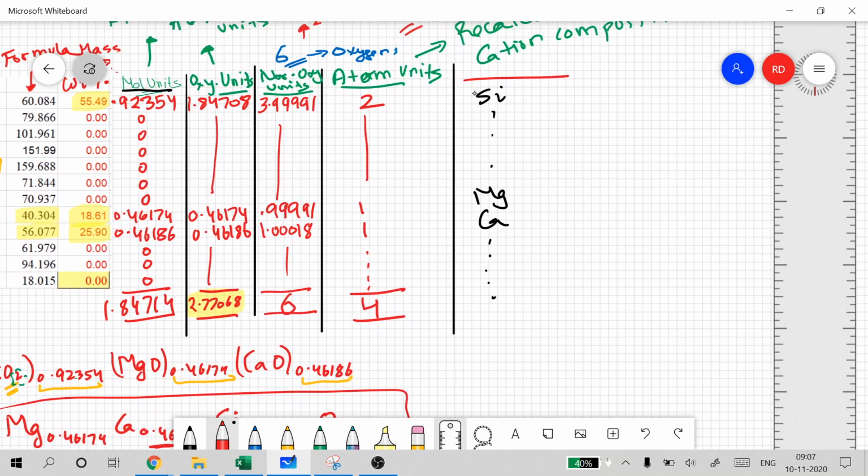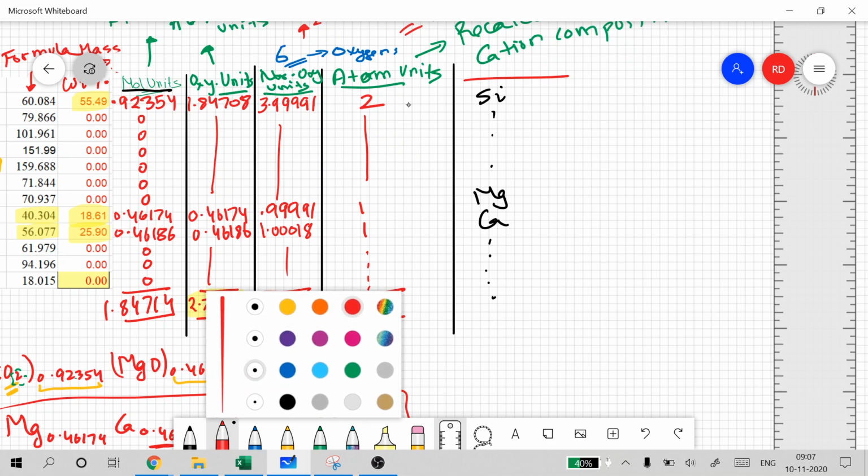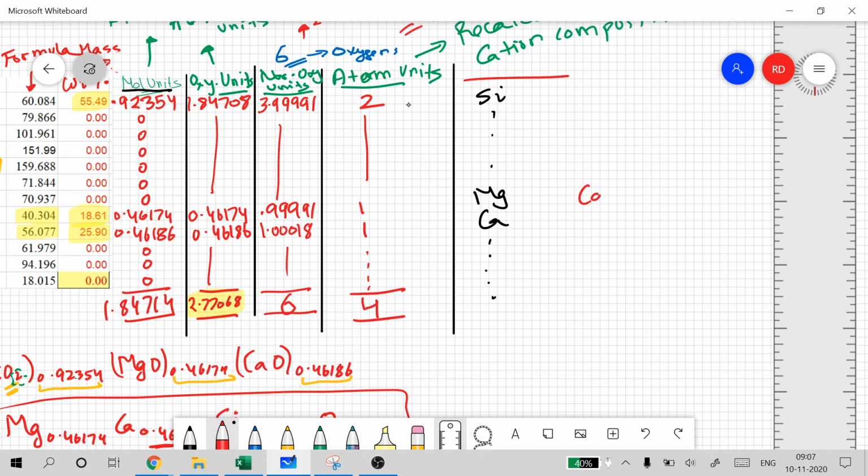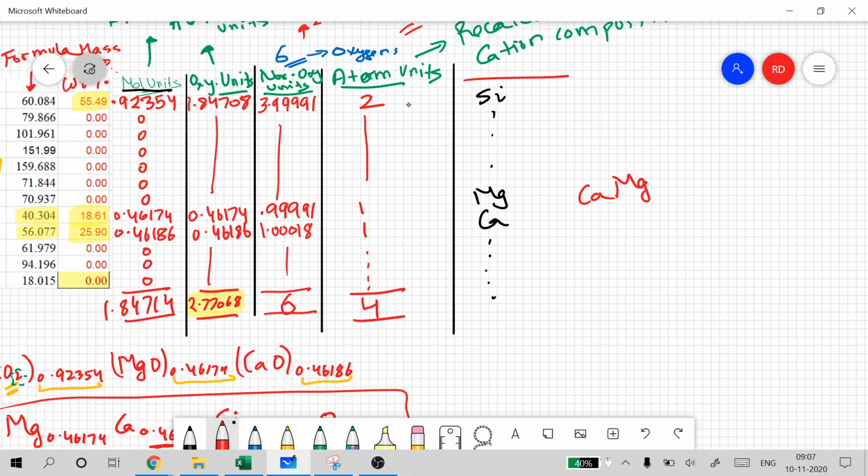Now you can see very easily what your formula should look like. First of all, Ca is 1, Mg is 1. How many Si are there? 2. How many oxygens are there in this formula in total? 6.